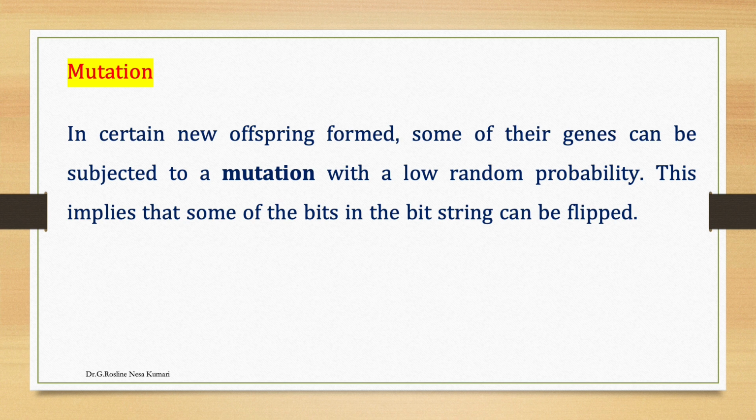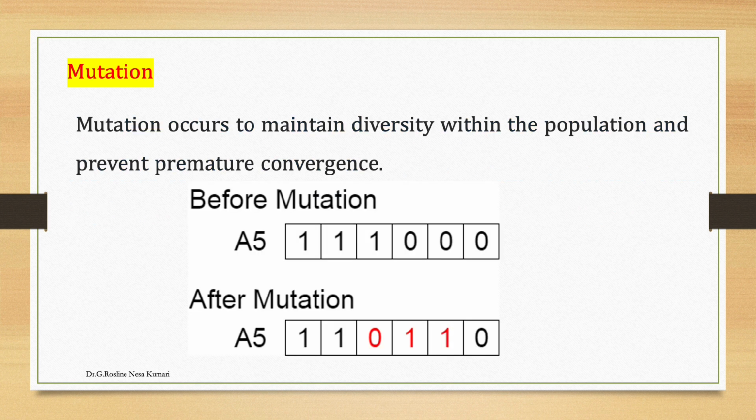The mutation alters one or more gene values in the chromosome from its initial state. In certain new offspring, some of the genes can be subjected to mutation with a low random probability. This implies that some of the bits in the bit strings can be flipped. Mutation occurs to maintain diversity within the population and prevent premature convergence.